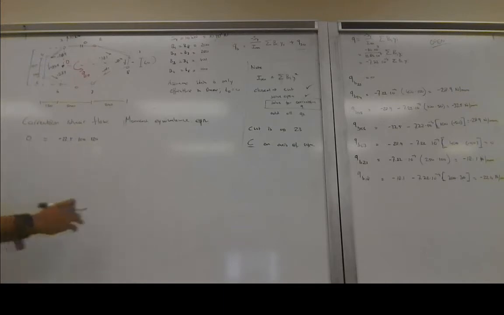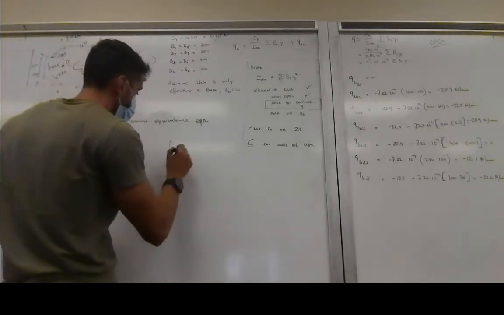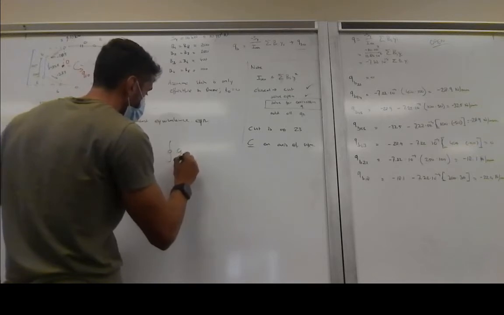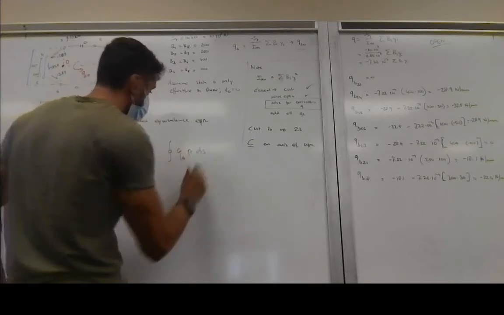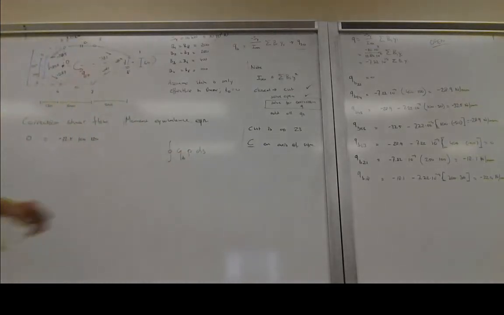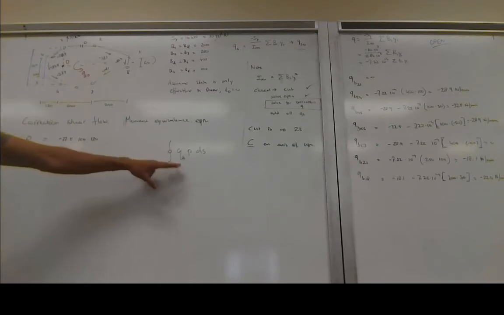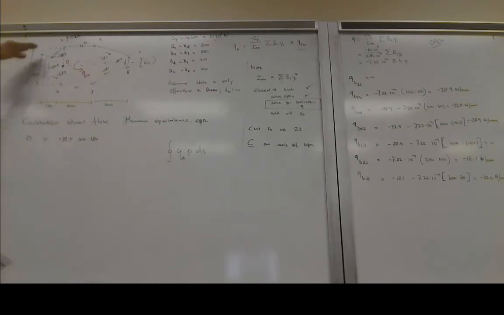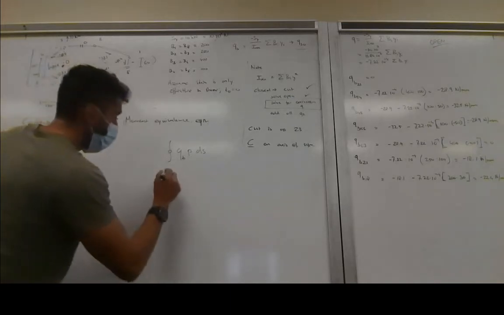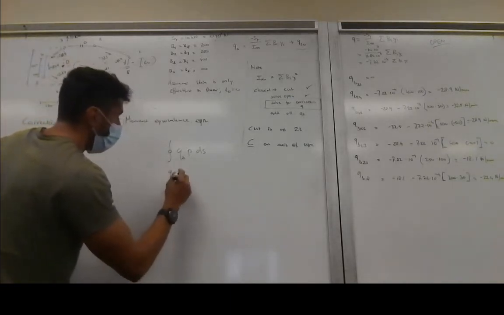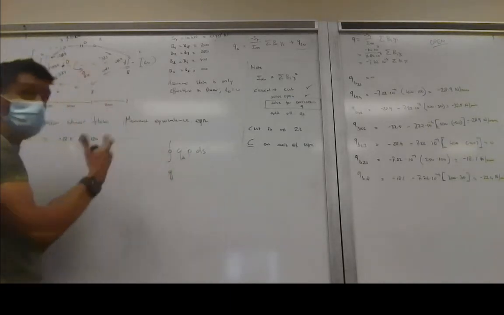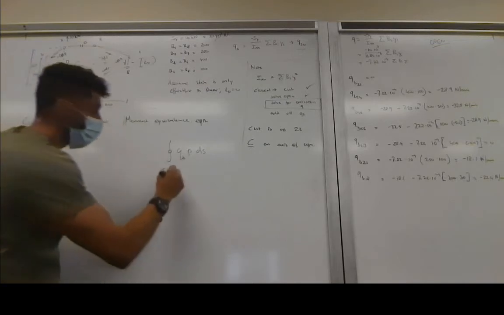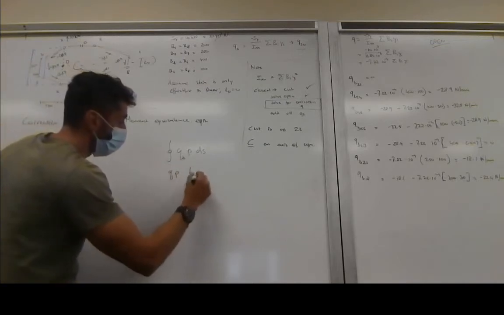A side note: normally we had this, QB p ds, right? And normally the shear flow would change with length along the segment. But in this case, because there are no booms here, the shear flow is constant within the booms. So this QB is a constant. The moment arm does not change with the location, so that's a constant, so we can pull p out, and we get this, ds.